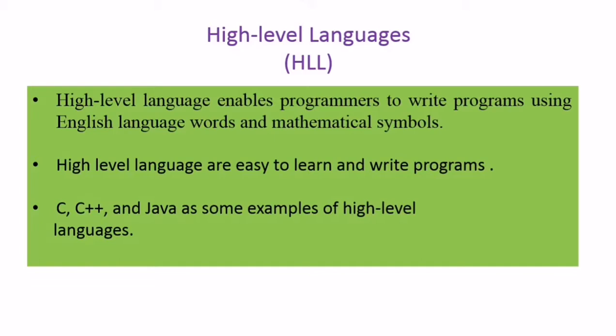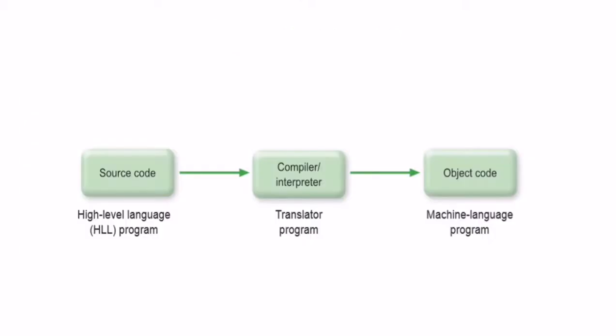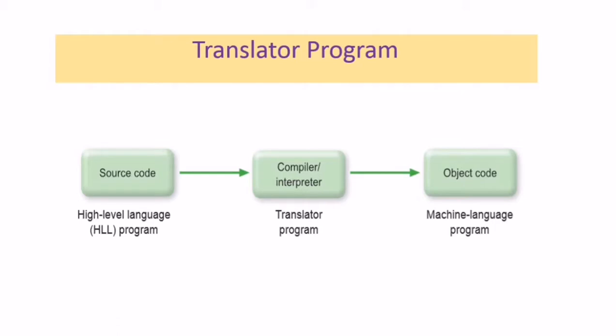First we need to convert. If you write your program in a high level language, it will convert high level language to machine code. So for conversion we need translator programs. There are two types of translator programs: compilers and interpreters.